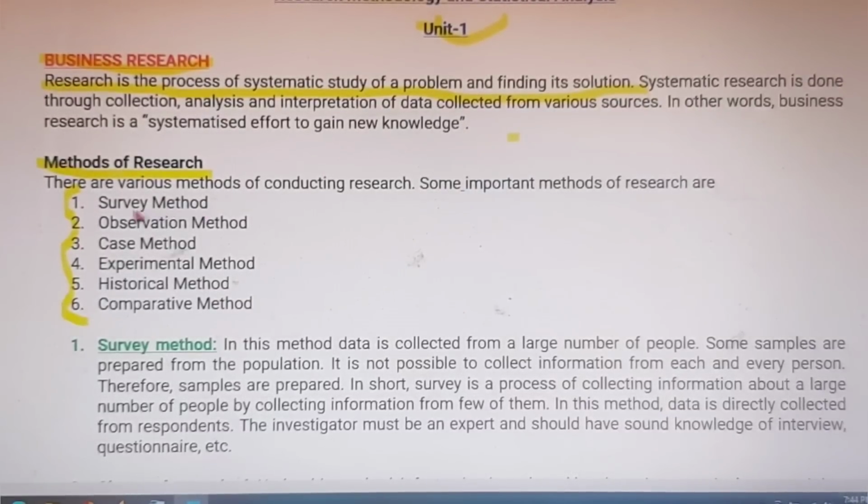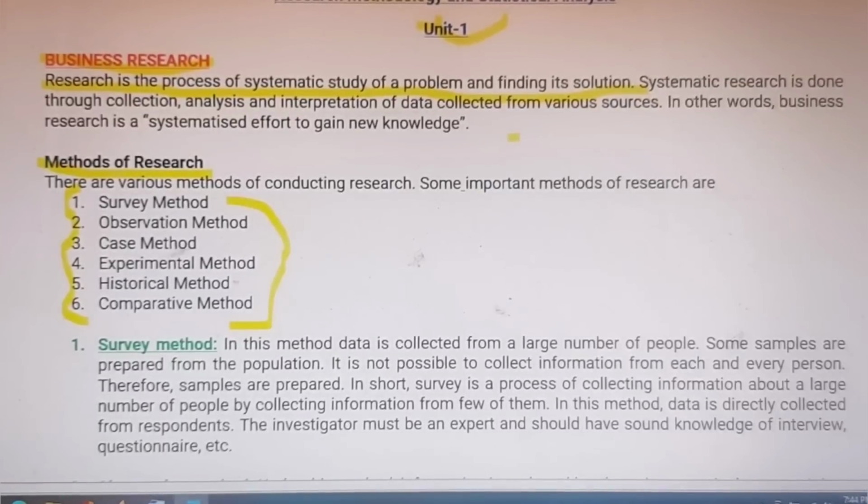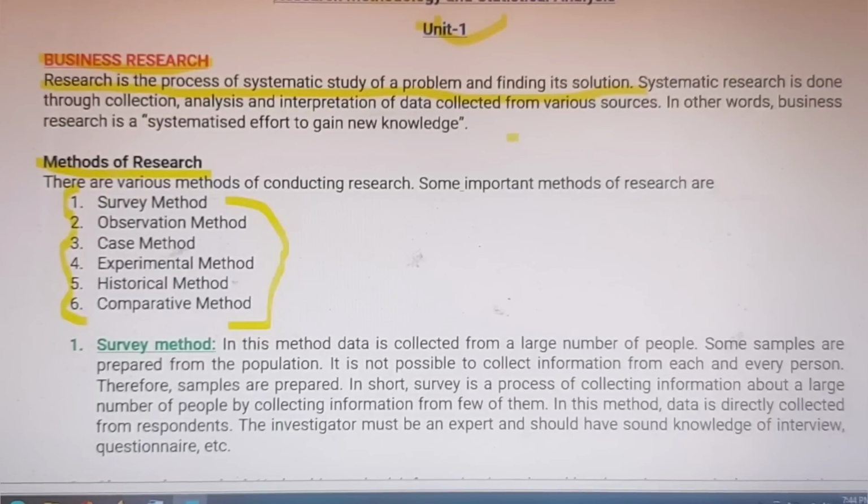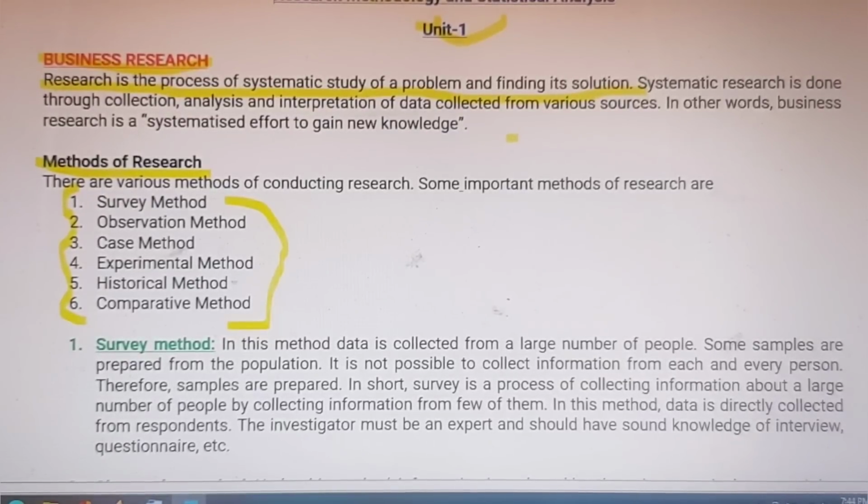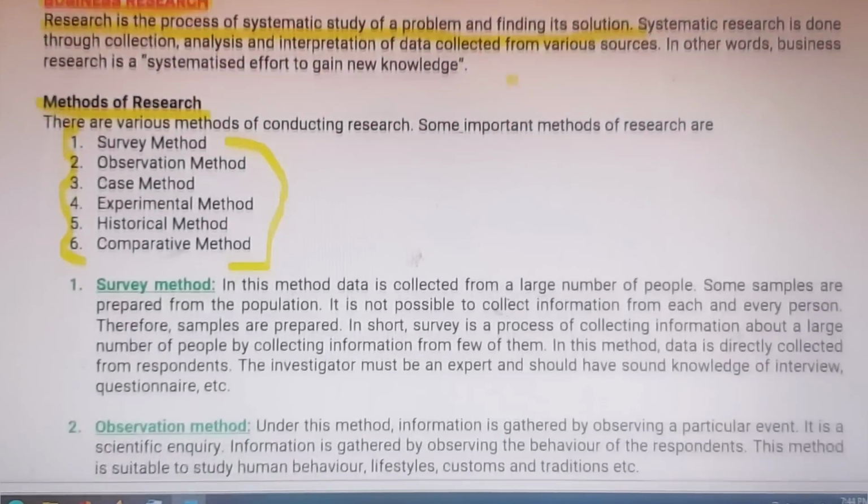The survey method, I have shared this in my previous videos also. The first method is survey method, second is observation method, third is case method, fourth experimental method, fifth historical method, and sixth comparative method.